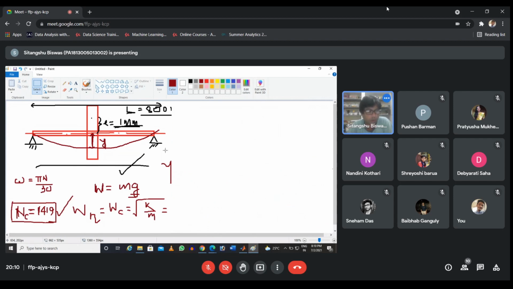So when it is rotating, this is the static deflection. Now we need to find out the dynamic deflection, which is due to that unbalanced mass, and that should be restricted because here the maximum tensile stress is given, because after that there will be permanent deformation.